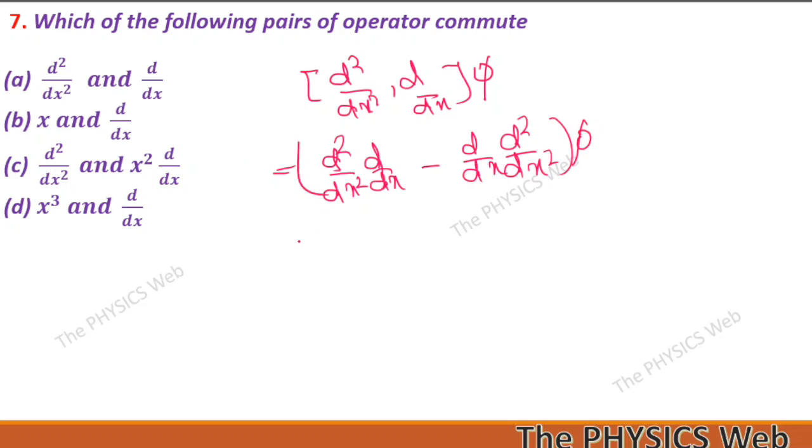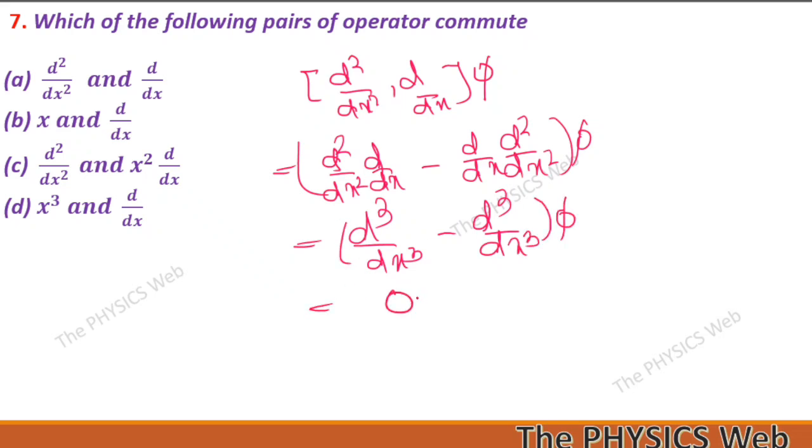Okay. So you can say this is d cube by dx cube minus d cube by dx cube phi. Okay. So this will be equal to 0. So you can see these two operators commute with each other. So A is your correct answer. Similarly, you can check the other options, they will not commute.